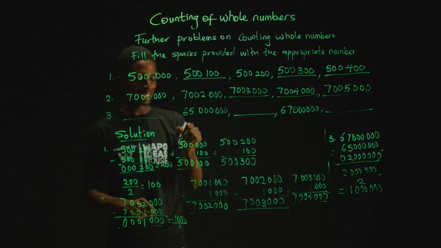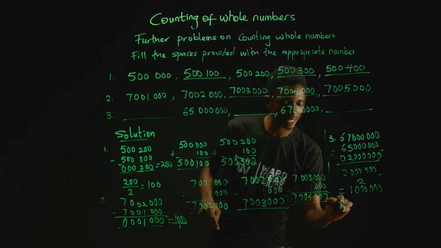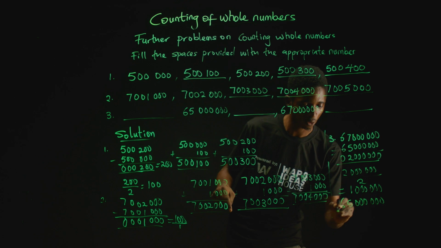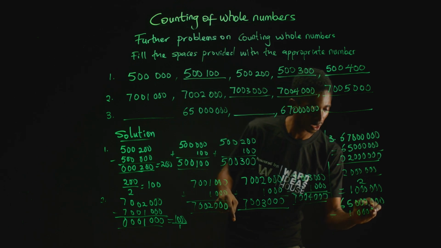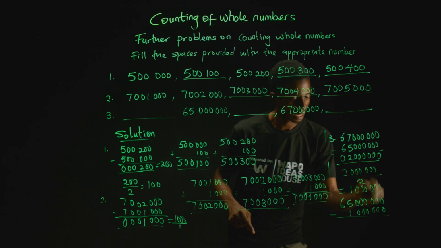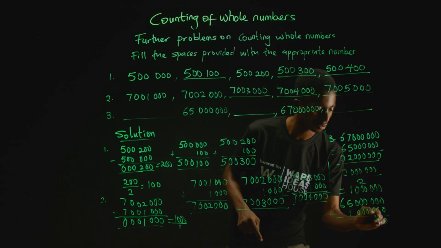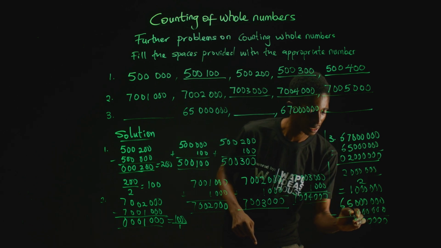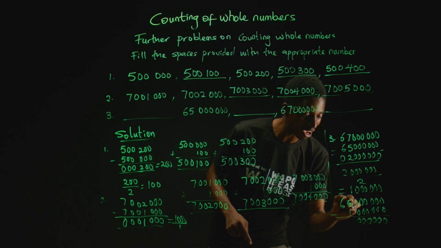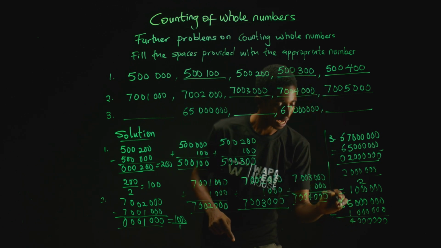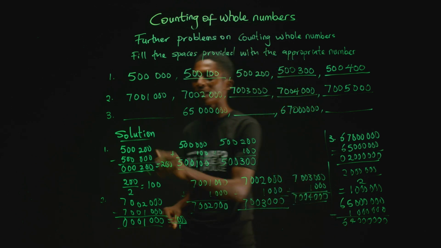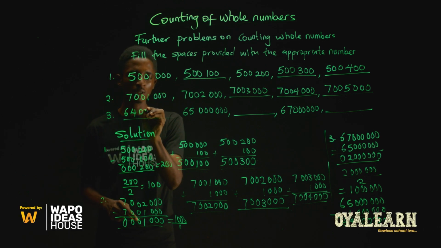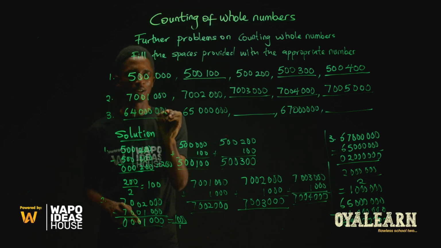So for the first one, it is actually 65,000,000 minus 1 million. Working with this, 5 minus 1 is 4, and then 6 minus 0 is 6. Meaning the first number is 64,000,000.